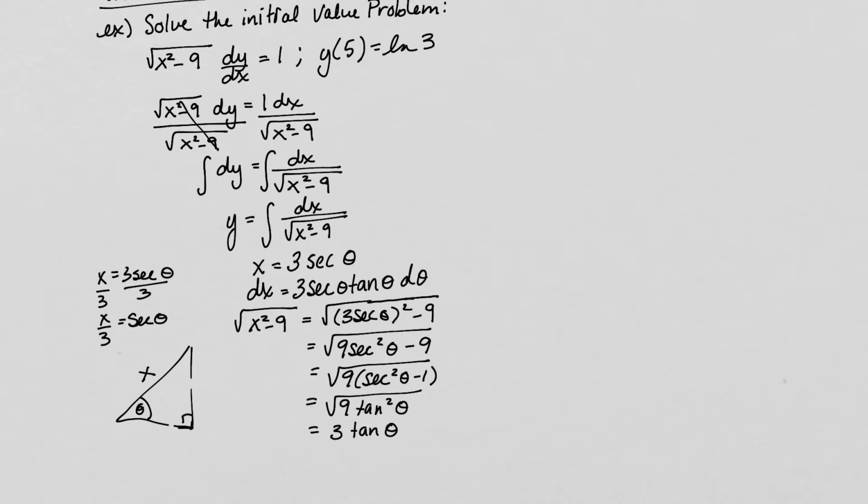I was trying to stick it on here quickly. Thank you. Secant is hypotenuse over adjacent, and so it's this side that's x squared minus 9. Thank you. Sorry about that. Other questions?